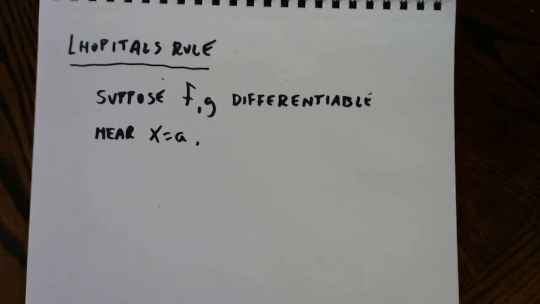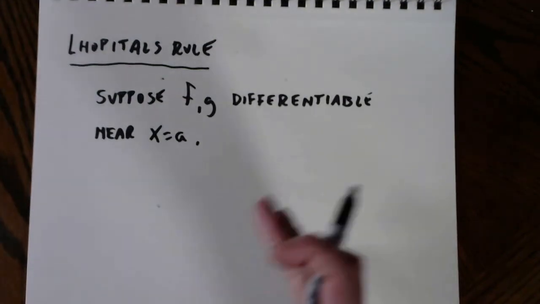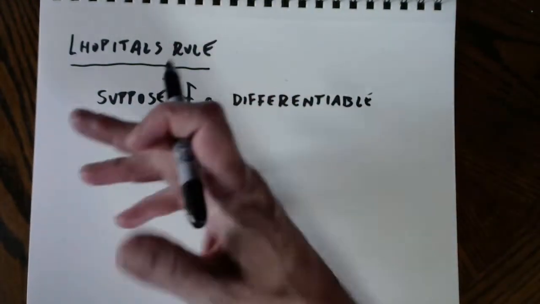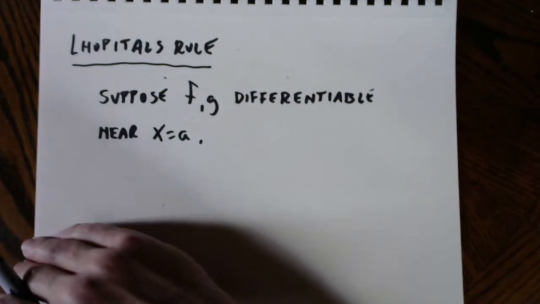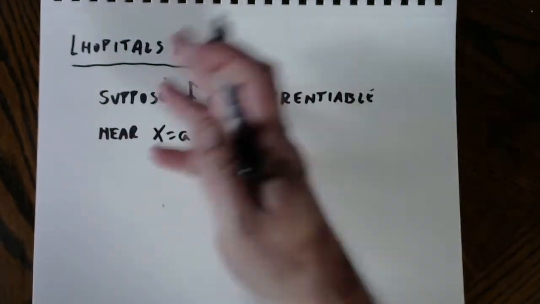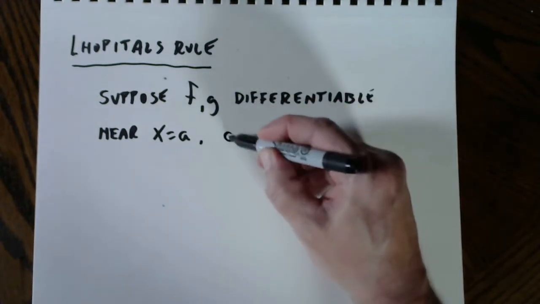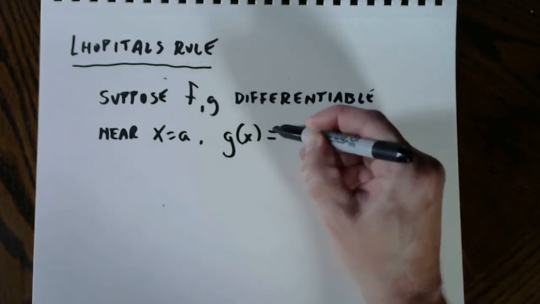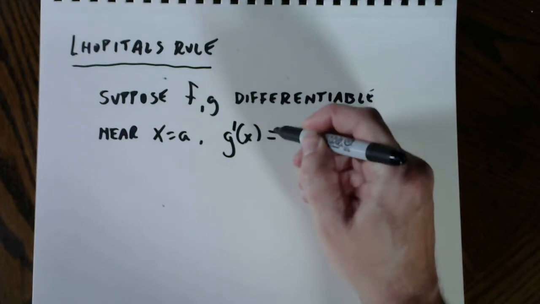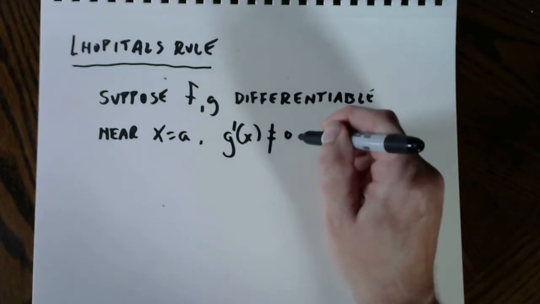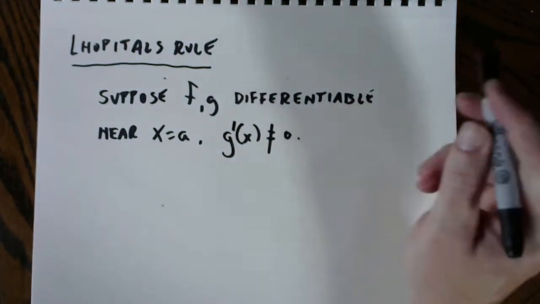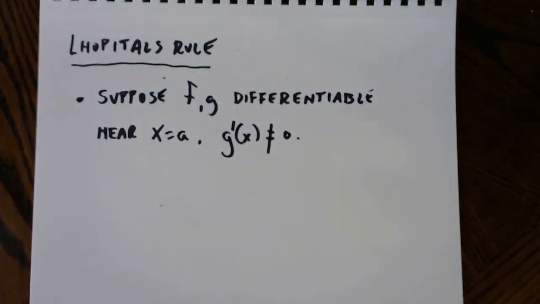To be more precise, you might say in a neighborhood of a, which means a non-zero open interval, but this gets the point across. Also, g prime of x cannot be 0. You'll see why in a second. Okay, so this is just sort of the fine print.